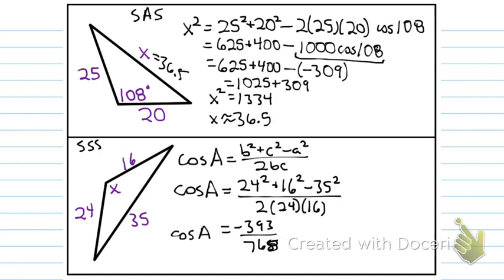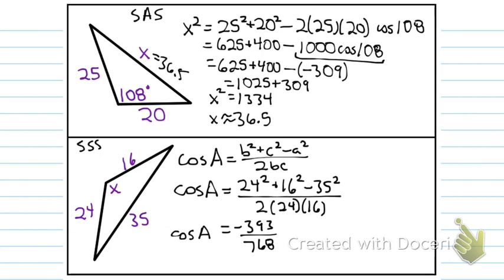Now it's a little bit different than the cosine we've dealt with before, because when we were dealing with right triangles, we usually had cosine be a positive value, but it showed up as a negative here. This is the idea that whenever we have an obtuse angle, cosine is going to give us a negative value.